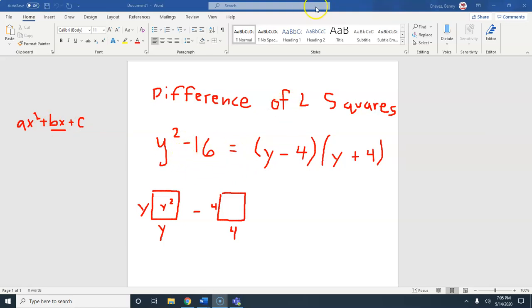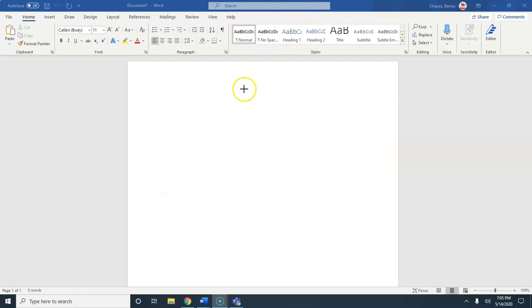So let's do another example. So let's say we have 25m squared minus 36. So again, this is another difference of two squares. A much more complicated case, but the same thing.